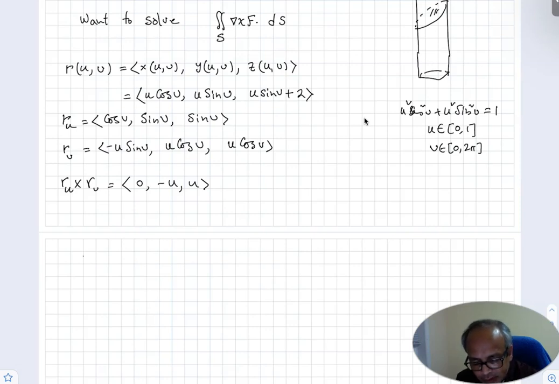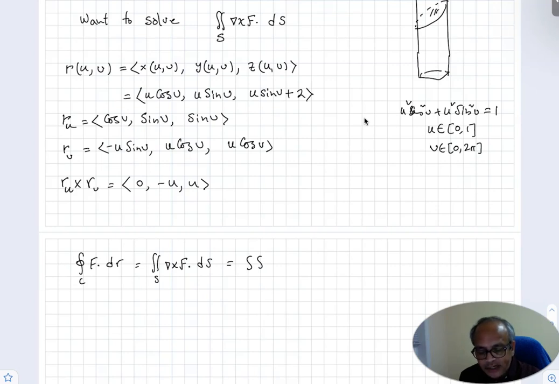So in Stokes theorem I have to calculate the circulation, the integral of F dot dr. That is my given problem. So I think of the curl of F dot dS by using Stokes theorem. I convert the line integral into a surface integral, and then I convert the surface integral into the parameter domain.